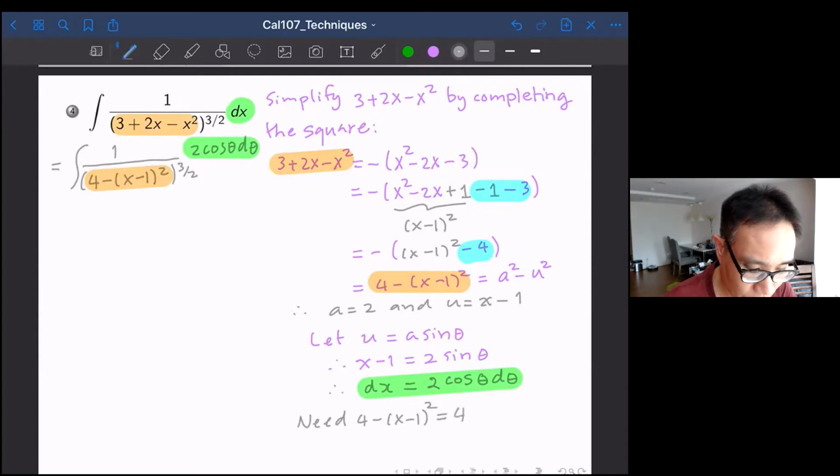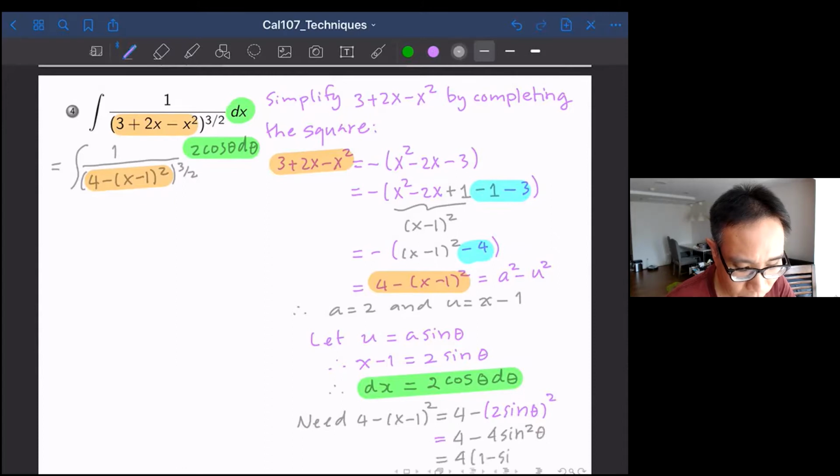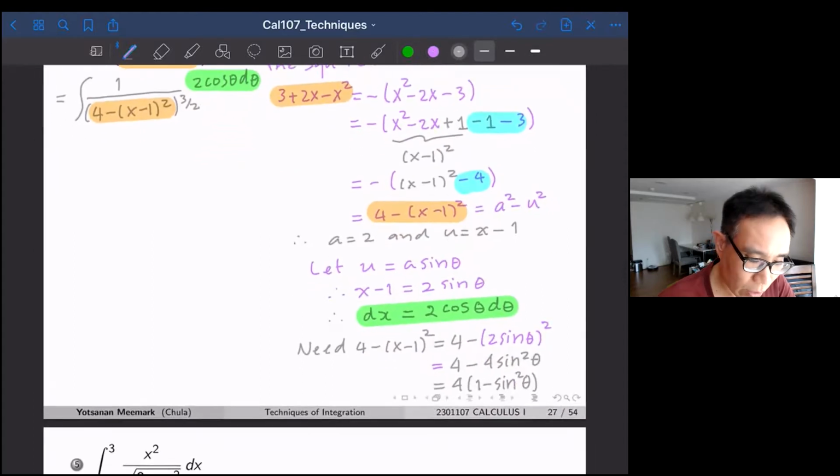So this is 4 minus (2 sine theta) squared, which is 4 minus 4 sine squared theta, which is 4 times (1 minus sine squared theta), and that is just 4 cos squared theta.